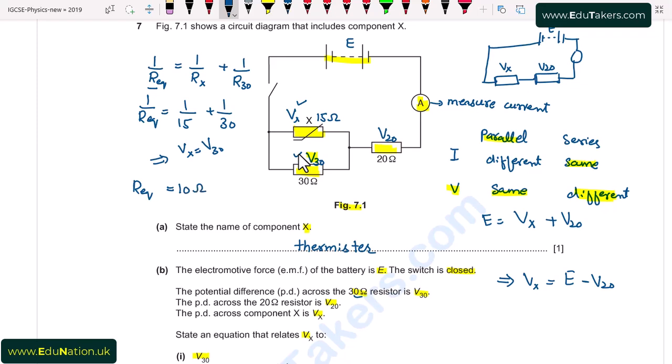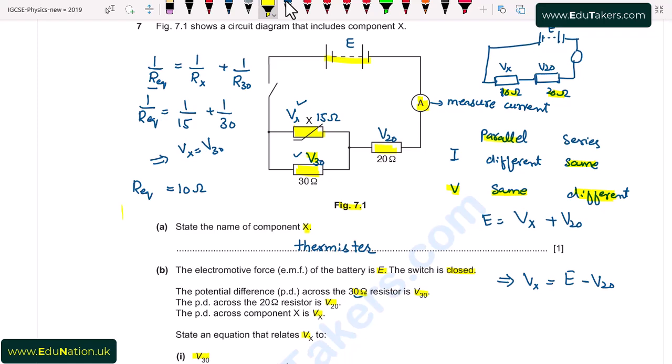Now, this resistance is equal to 10 ohms and there is the 20 ohm resistor. You can see that this 10 ohm resistance is in series combination with the 20 ohm.